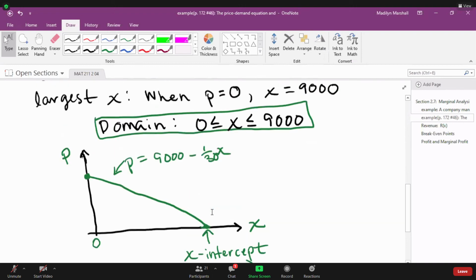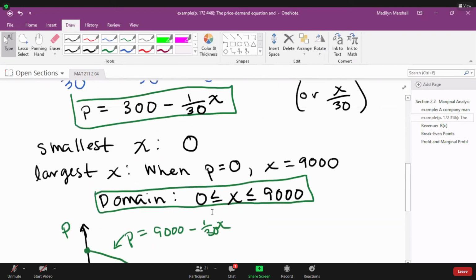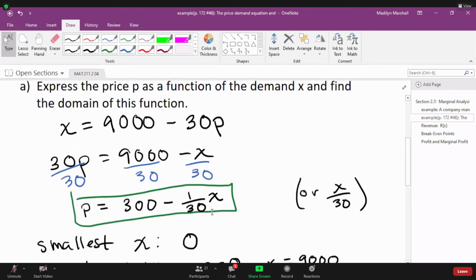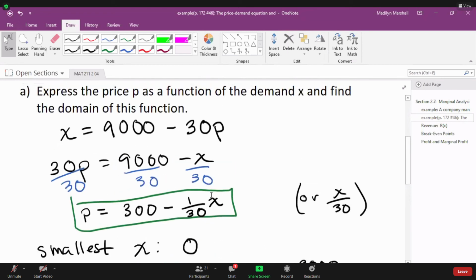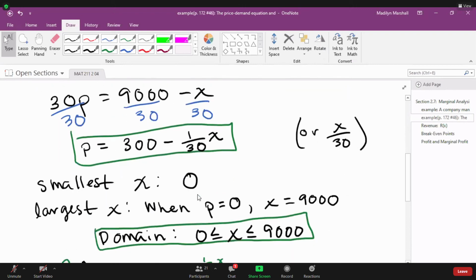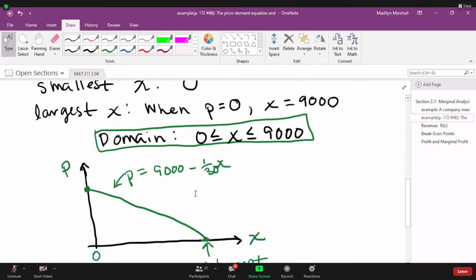Another way to think of it is if we are thinking about price demand in this, and I'm sure there are various experiences in price demand equations in this class, but the basic principle, and things are more complicated than this, but basically, if we increase the price, fewer people are going to buy it. And the other way around, if we decrease the price, more people are going to buy it.